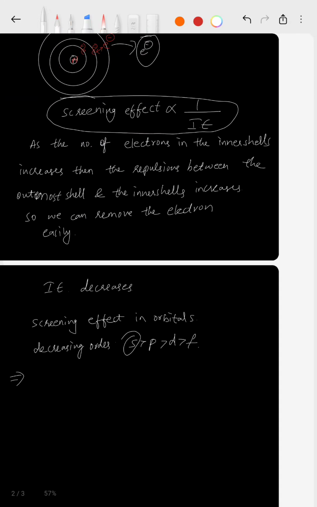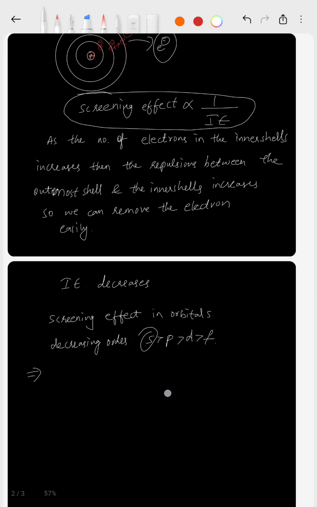Two more factors are penetrating power and electronic configuration. We'll discuss those in the next class. One more thing we'll see is the variation trends in groups and periods, from top to bottom and left to right, and we'll solve some problems in the next class.